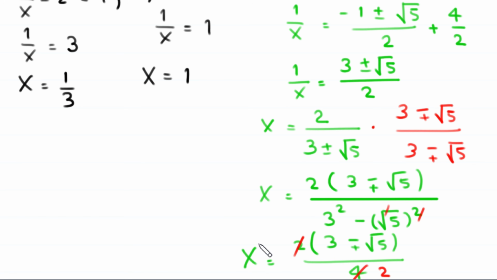So we get the value of x equal to (3 minus plus root 5) divided by 2.